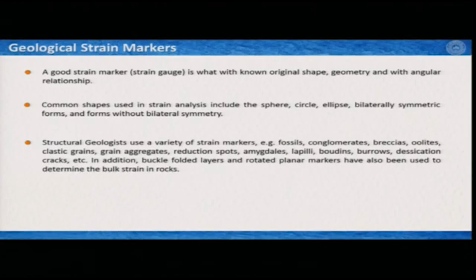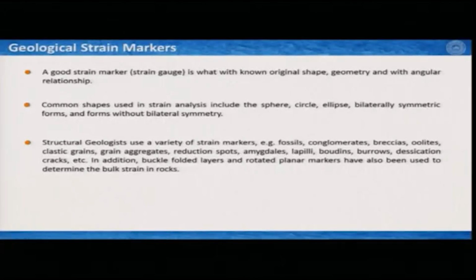So the common geometries that you use for strain analysis mostly include a sphere, circle, ellipse, then some symmetric forms, mostly fossils, we will look at them soon, and some forms without symmetries but which have some other spatial geometric relationships.